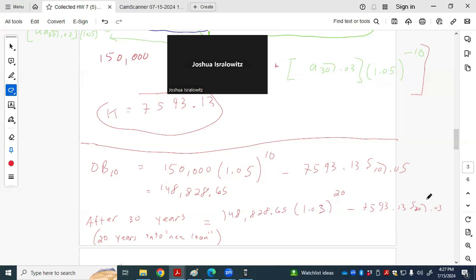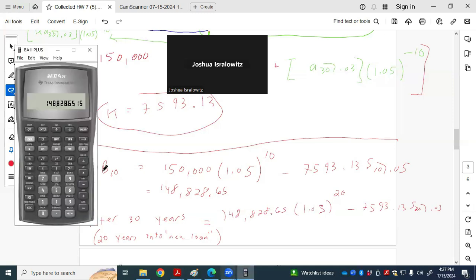So, all right. I thought I saved the payments. Yeah, well, it was in a time value of money key, so kind of got lucky there. All right, so let's get this here.